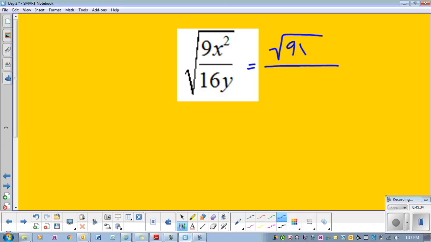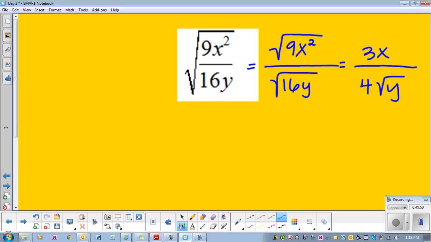So maybe it'll work better if we do this. Okay, so then what do we get? What is this? Yeah, square root of 9 is 3. Square root of x squared is x. Over here, square root of 16 is 4, but wait a minute, I can't take out the y, right? So it's just square root y.